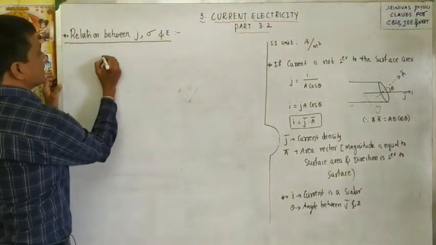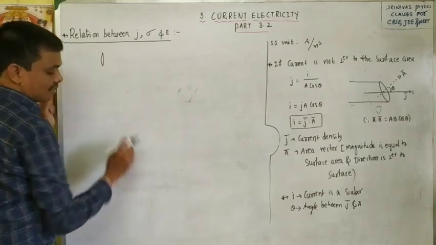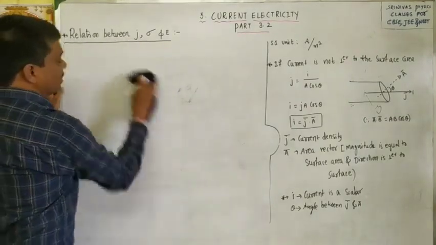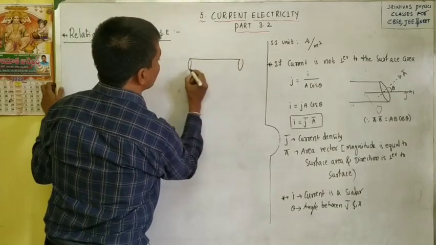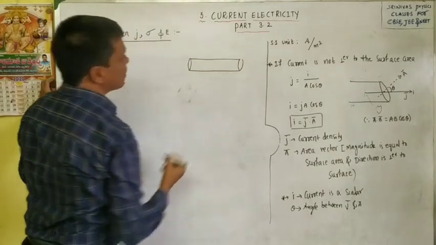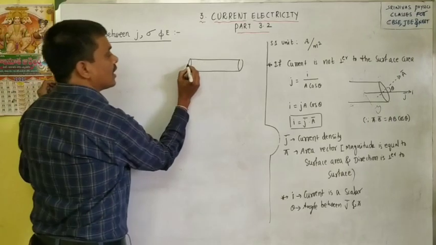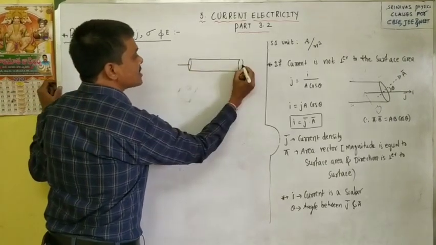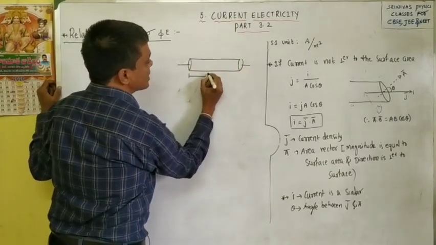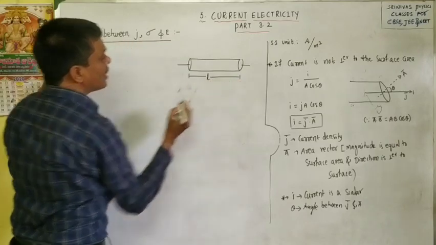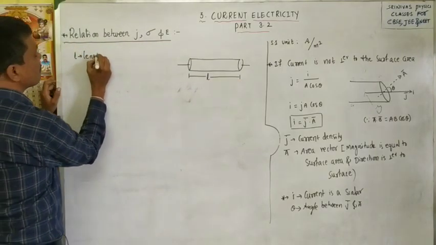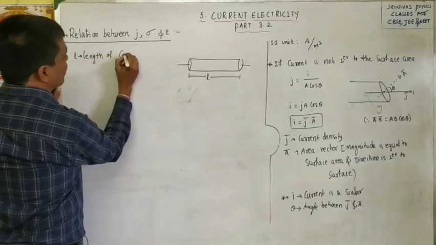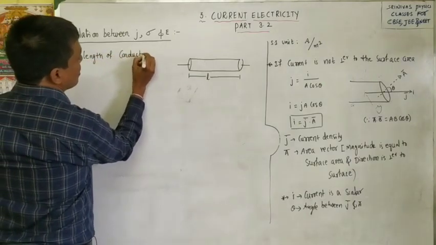For that, let us take one conductor. This conductor has length L. L is the length of the conductor.